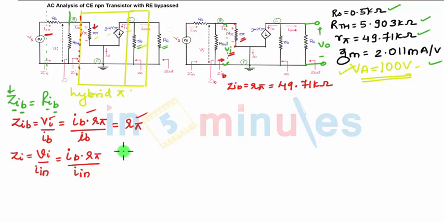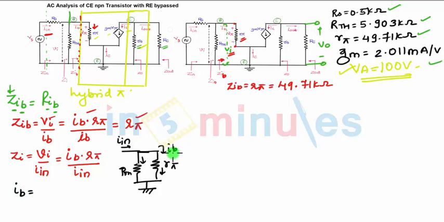For example, if you take two resistances RTH and R pi, both are grounded, total current flowing is I in, given. This is RTH. Now you want IB flowing through R pi. So how can we write IB? By current division rule, IB will be RTH, always the resistance in the opposite branch will come in the numerator, upon RTH plus R pi into the total current I in, right?